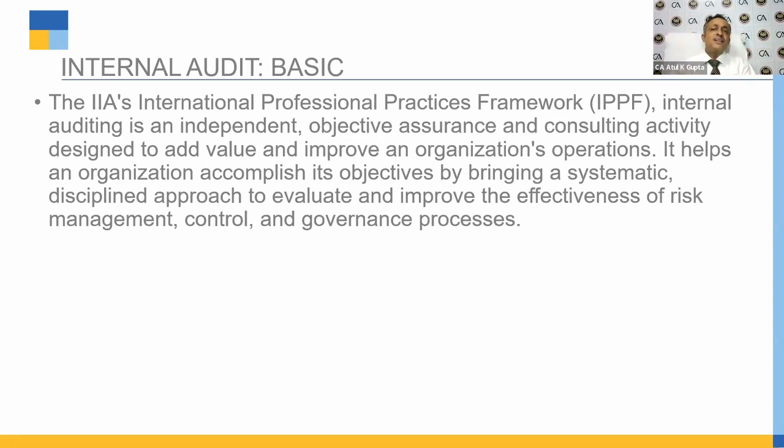Within that code of conduct, the institute has issued a very specific guideline that any chartered accountant in practice acting as an internal auditor cannot have any other association. He or she cannot be the statutory auditor, or act as an accounting consultant. So it has to be independent, without any relationship to the entity.